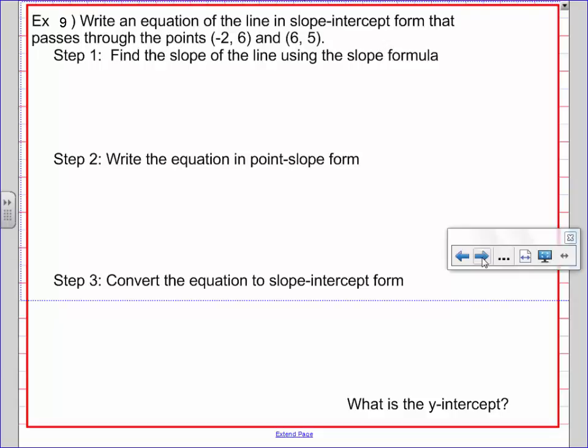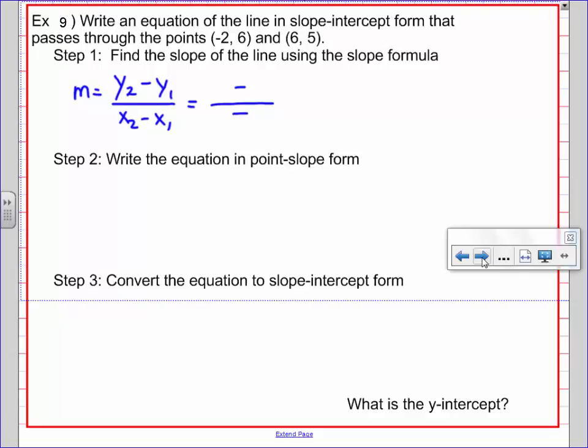Write an equation of the line in slope-intercept form that passes through the points (-2, 6) and (6, 5). Just like before, we're going to find the slope using the slope formula. y2 minus y1 over x2 minus x1. And so, I know what my form looks like.